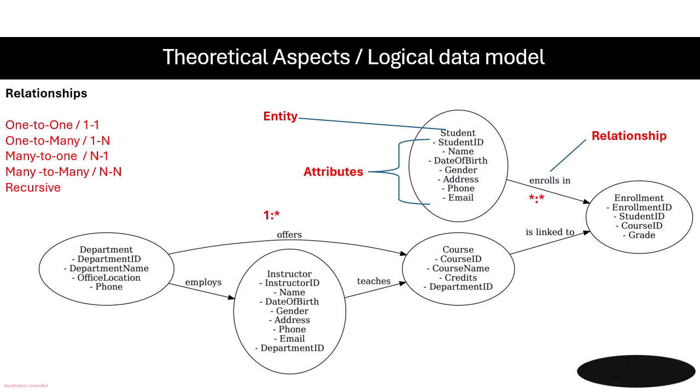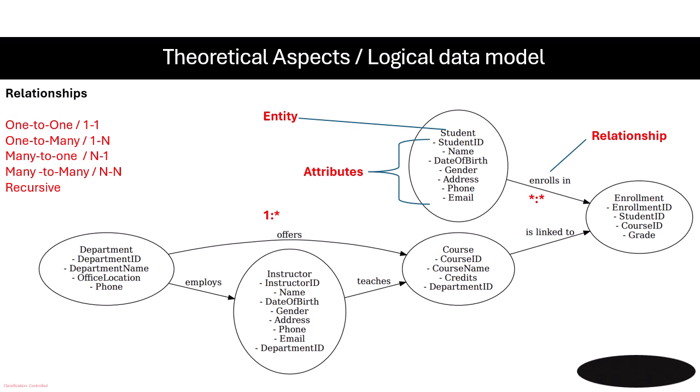For example, a student enrolls into a class, and a department employs instructors, and instructors teach courses. Possible relationships between the entities can be one-to-one.